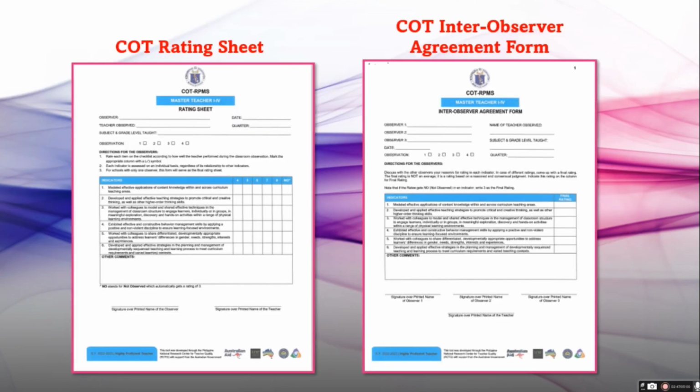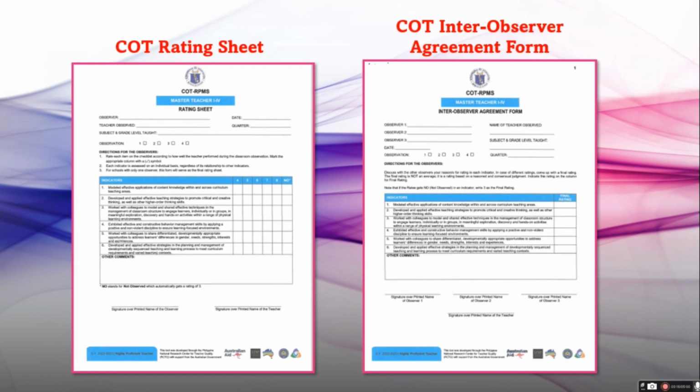So, for the classroom observable indicators for the highly proficient teachers, these are the COT rating sheet and the COT inter-observer agreement form na gagamitin po natin for this school year. Pero dahil nga sabi ko, ang mag-rate lang at mag-observe kay master teacher during the classroom observation is only the principal or the school head.